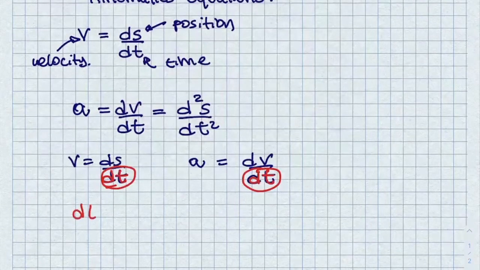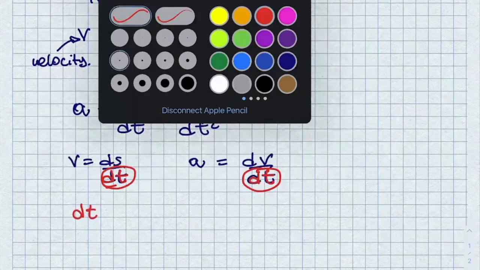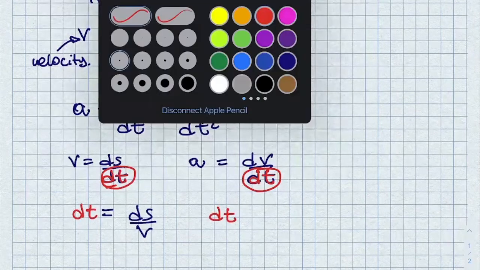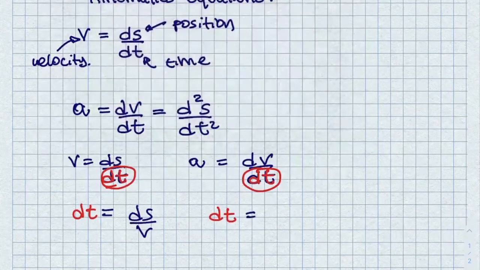So dt is equal to ds over v, and dt here is equal to dv over a.